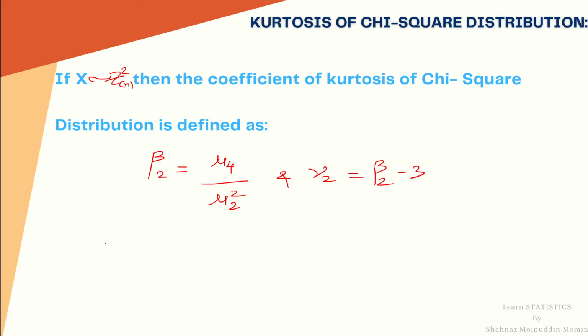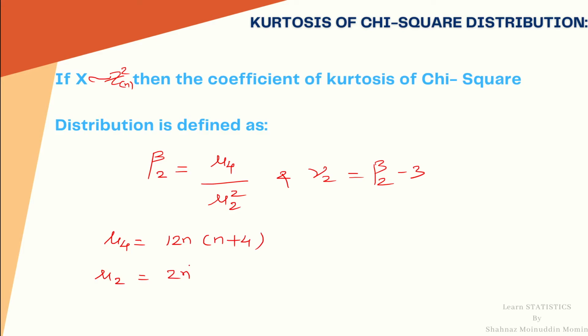We know that mu 4, the fourth central moment, is equal to 12n into n plus 4, and the second central moment mu 2 is equal to 2n.